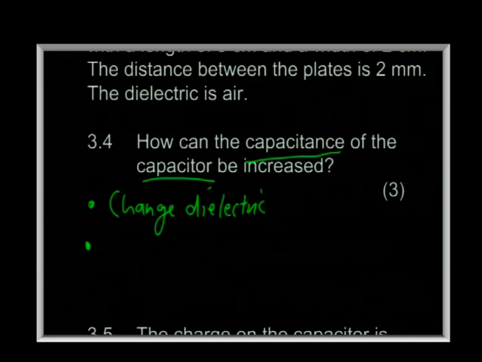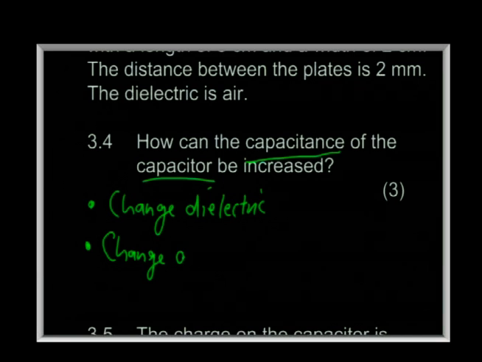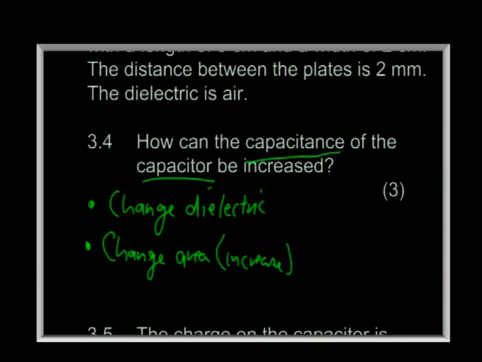You could also change the area of the plates. And when I say change the area, you must increase. Remember, if you look at the formula, you will see that capacitance is directly proportional to area. So if you double the area, you'll double the capacitance.